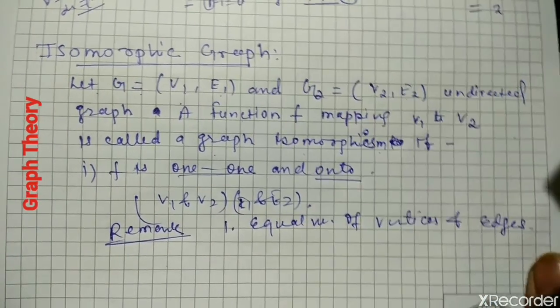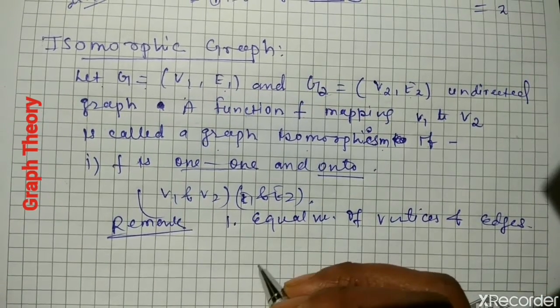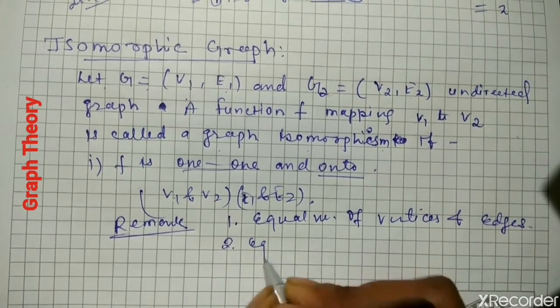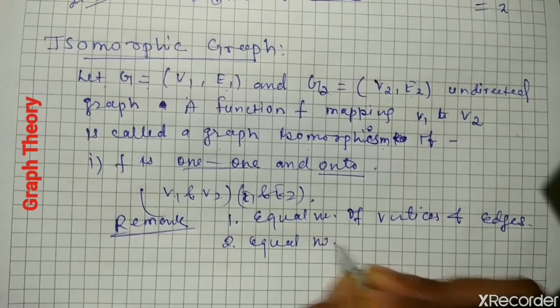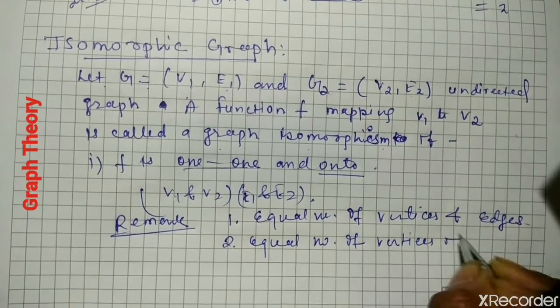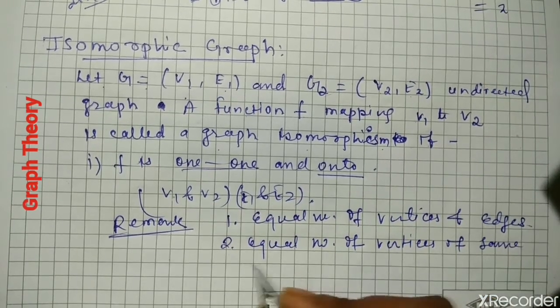This is very important for the isomorphism of a graph. Number 2: equal number of vertices of the same degree.